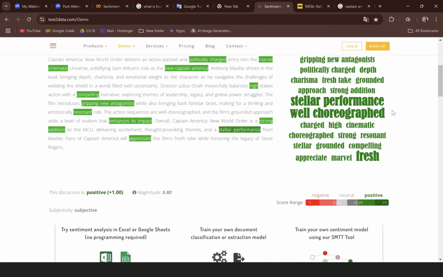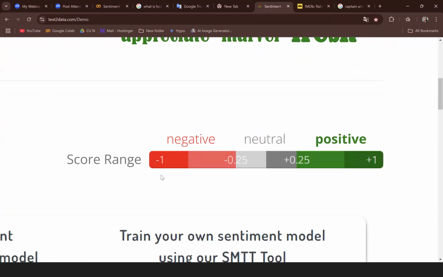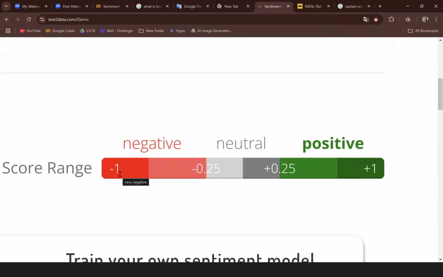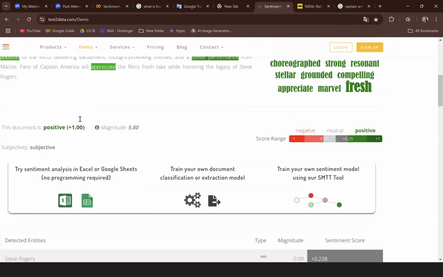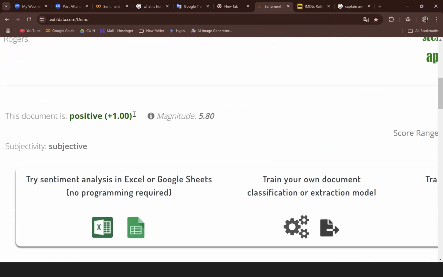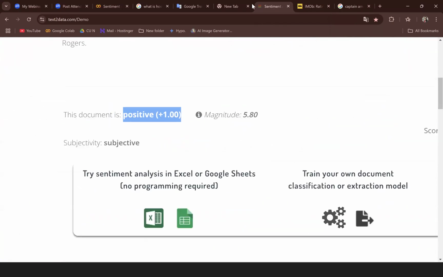It has a scale actually here. See, if the number is going towards -1, that's more and more negative, highly polarized. If it is close to +1, again highly polarized on the positive side. If it is close to 0, that is neutral. So see here the number, +1, highly polarized review.